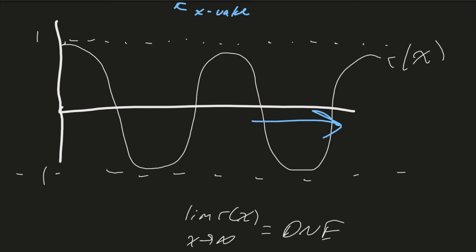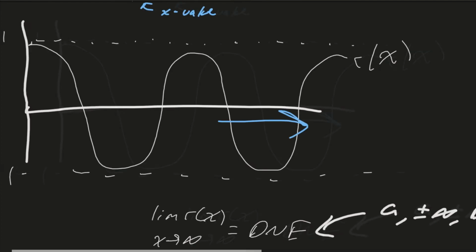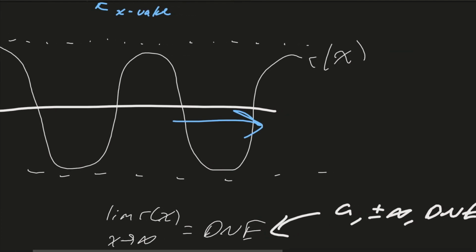So the only other option is that we're not moving towards any number, which does not exist. Remember that these values that are spitting out of the limit calculation can only be a finite number, plus or minus infinity, or does not exist. And if it doesn't fall into either a finite number or plus or minus infinity, it has to be, does not exist.